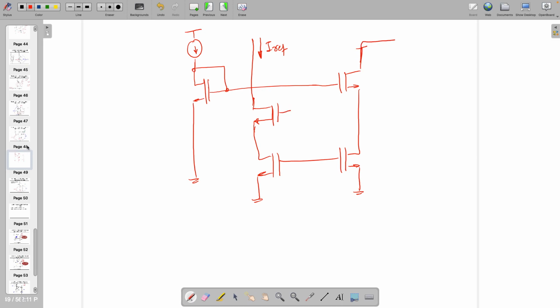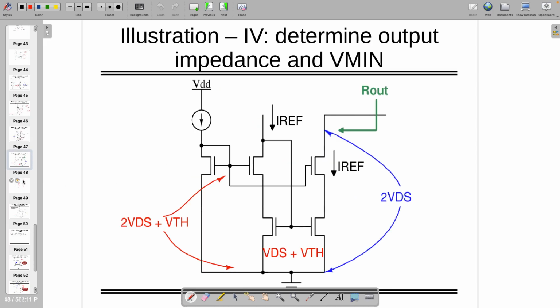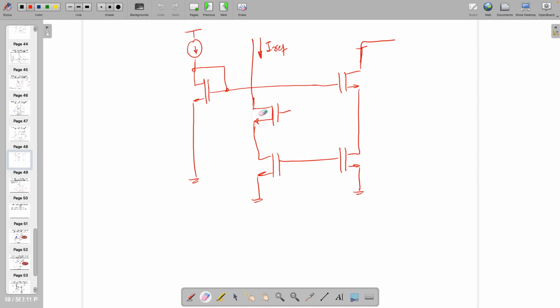And what about this one? This must be, made a mistake. So all gates are shorted here, right?